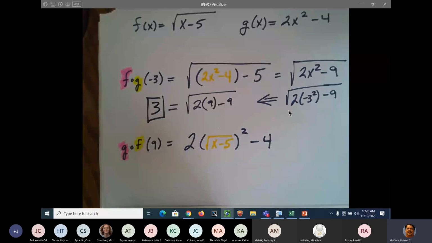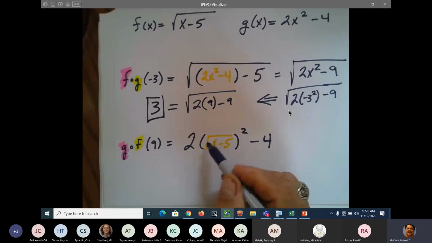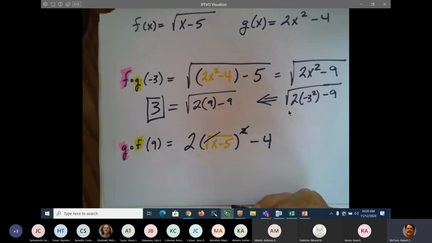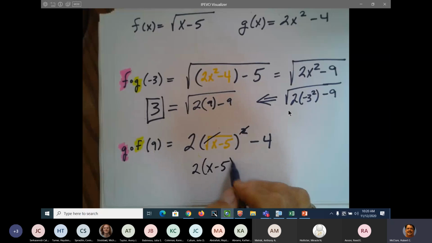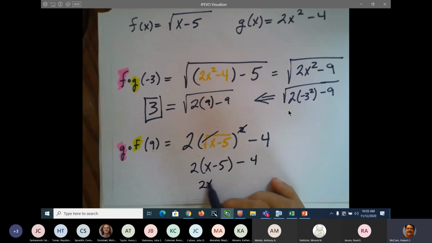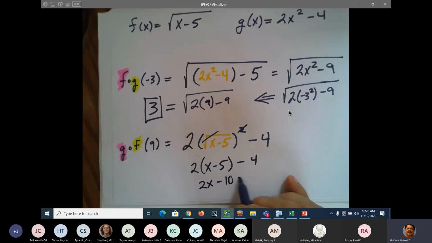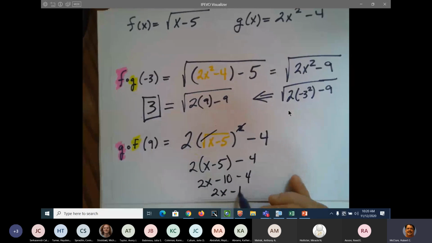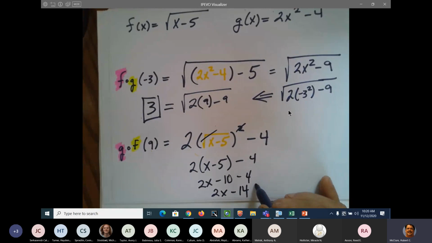Here, this cancels out with that. So that leaves 2 times x minus 5, minus 4, 2x minus 10 minus 4, 2x minus 14, evaluated at 9.